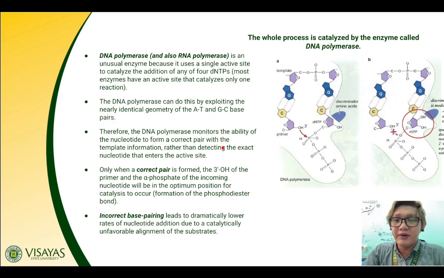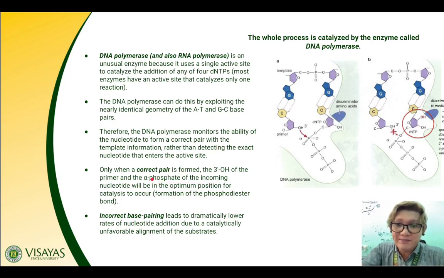Therefore, the DNA polymerase monitors the ability of the nucleotide to form a correct pair with the template rather than detecting the exact nucleotide that enters the active site. So it does not really detect the structure, but how well the pairing fits between the template and the incoming nucleotide.